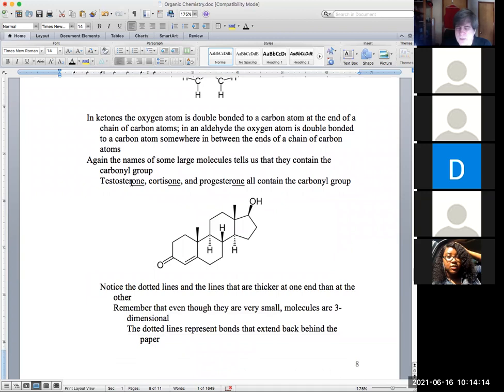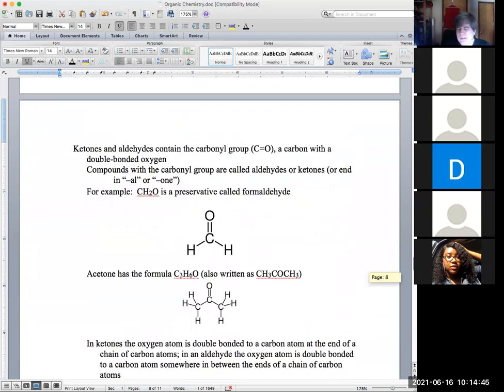And again, like we saw before, there are some large molecules that end in ONE that you might have heard of, things like testosterone, cortisone, progesterone. They all end in ONE. They all have this carbonyl functional group. Now, notice we can see this basic shape of 4 rings with something oxygen down here.